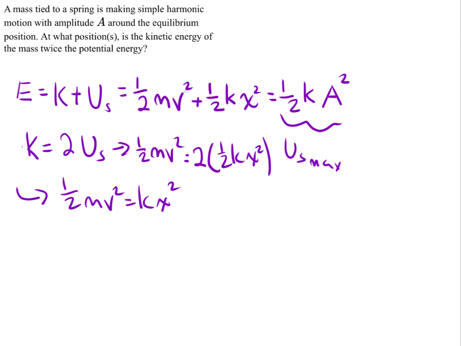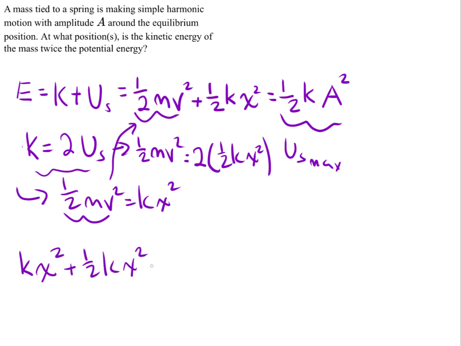And if you notice, we have a 1/2 mv squared from this equation, and we can actually substitute kx squared back in for 1/2 mv squared when this condition is true. So we get that the spring constant k times the displacement squared plus 1/2 of kx squared is equal to 1/2 times the spring constant times A squared.